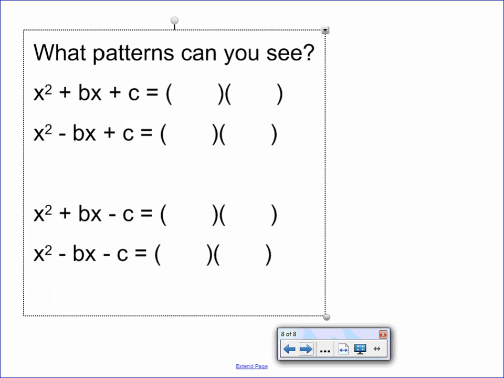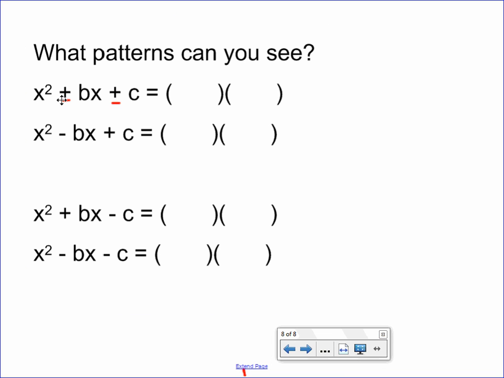Okay, last slide on this one. And this is what we talked about last week. So patterns that we see, if we have a plus and a plus, what does that guarantee us for our factors? Well, last week, I think we had already said it. That would guarantee us that we have two pluses here.